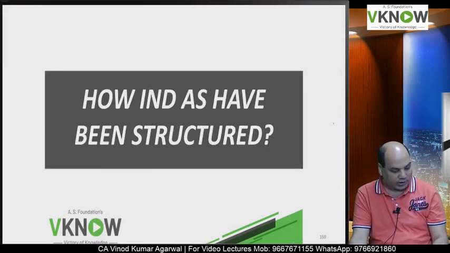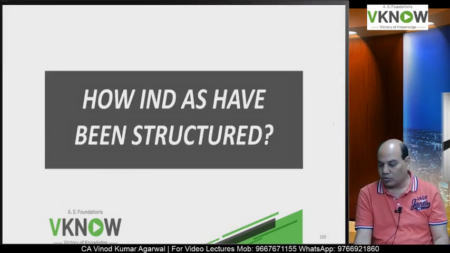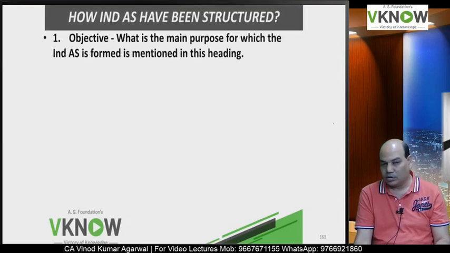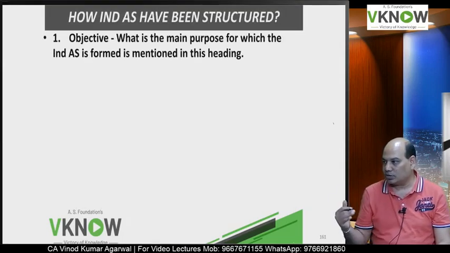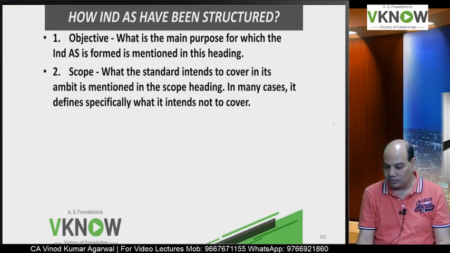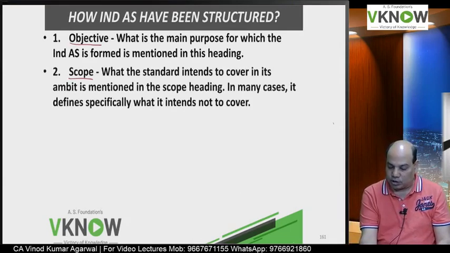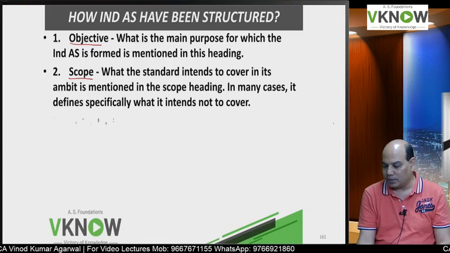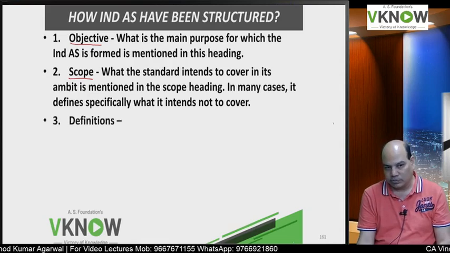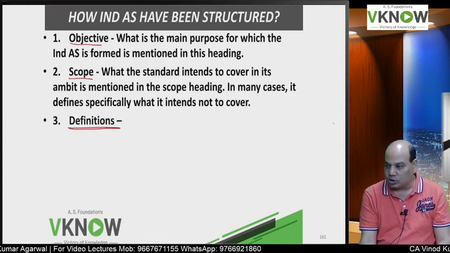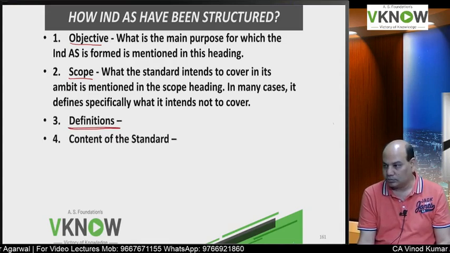Now, how have Ind AS been structured? Normally any standard will have the following sequence. First they will give the objective, then they will give you the scope of the standard, where it is applicable or not applicable. Then they will give you the definitions of important terms.